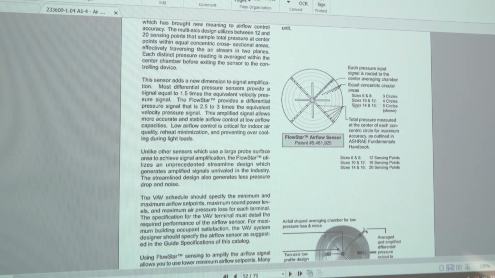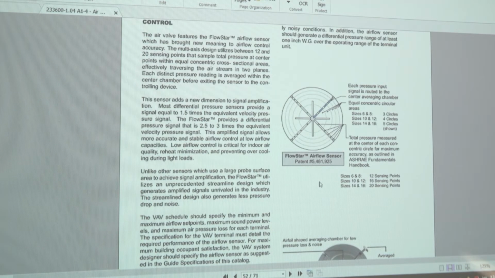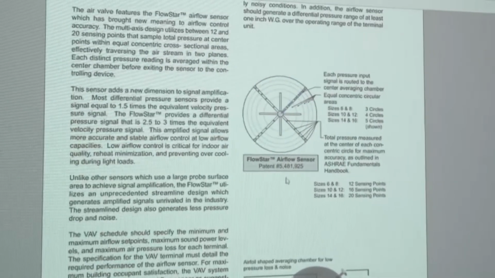When you're looking at these VAV boxes, this is what you're looking at when you're looking into the inlet of a VAV box. They're basically airflow stations. They have multiple sensing points to sample pressure over a cross-sectional area, and they're basically traversing the airstream, and that number is being calibrated and calculated to display a CFM reading that you have for each one of your VAV boxes.